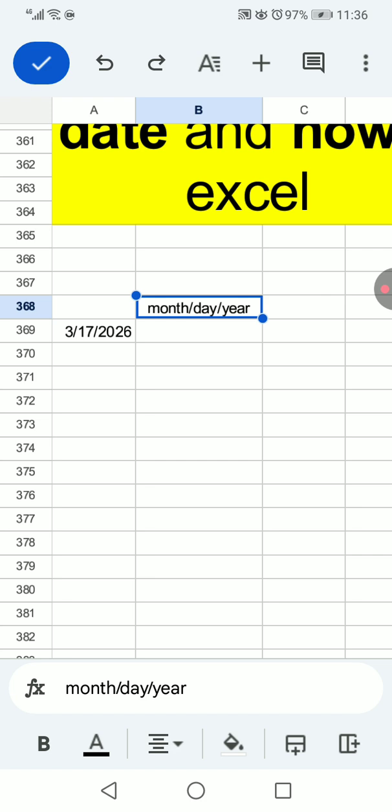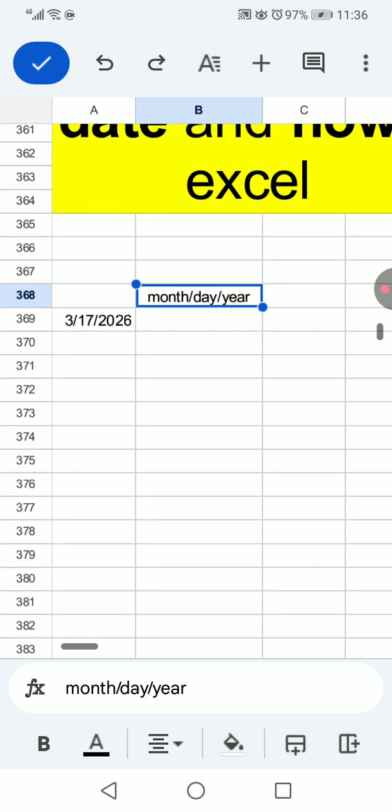Now why is it important? Because sometimes when you use a date with a different formula, issues would be created. So you do need to write the date exactly according to the format of Excel.